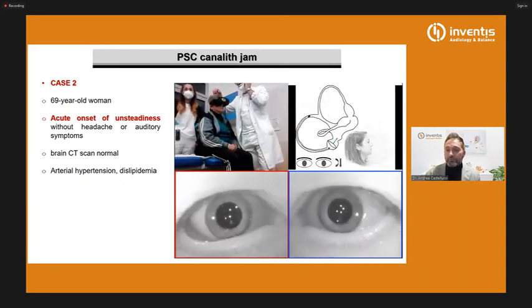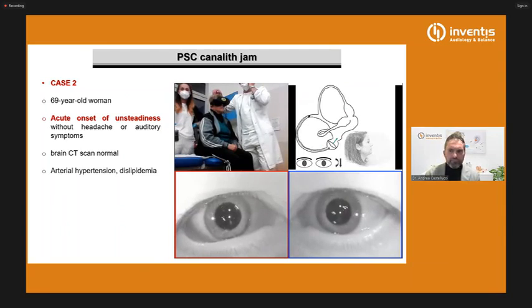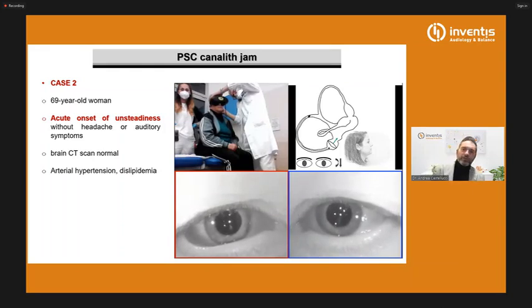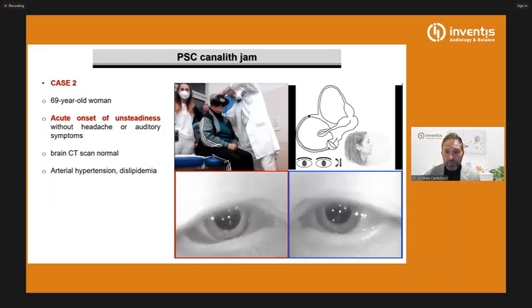And now we are vibrating the patient with a mastoid vibrator just to see if something happens, but nothing happens. And we try to see if at the typical positioning maneuver for the posterior canal something could happen, but actually nothing happened.